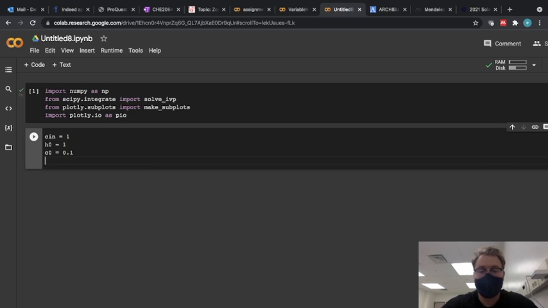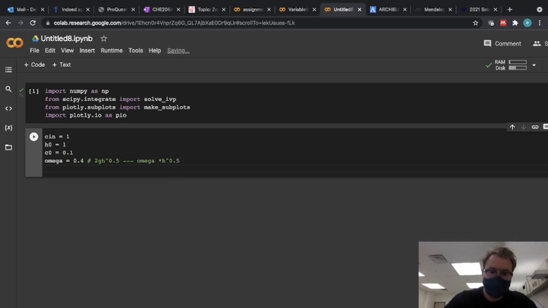And I know that the 0.4 that I was using in front of my height to the 1/2 comes from the square root of 2gh. So I'm going to call that 0.4 omega here. And just so I don't get confused, I'm going to make sure I comment that. And that comes from the 2gh to the 1/2 equation, so that will be equal to omega times h to the 1/2.